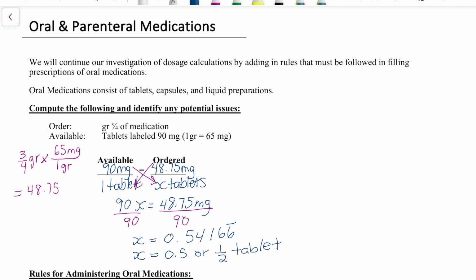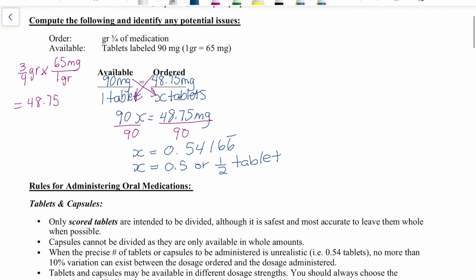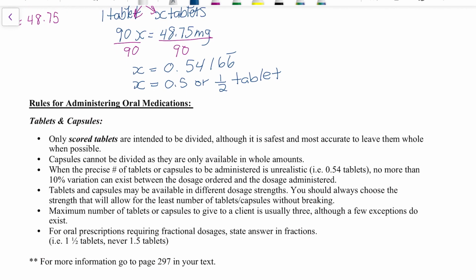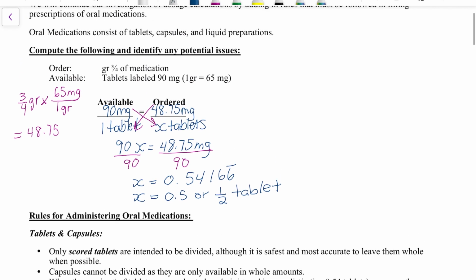So let's look at the rules and see if there's any issues with how we have computed this math out. The first thing is that only scored tablets are intended to be divided, and it's actually safest if you can leave them whole. So if possible, we want to give 1 whole tablet, but if they're scored, we can cut them in half. Let's look at our question. It doesn't say anything here about this tablet being scored.